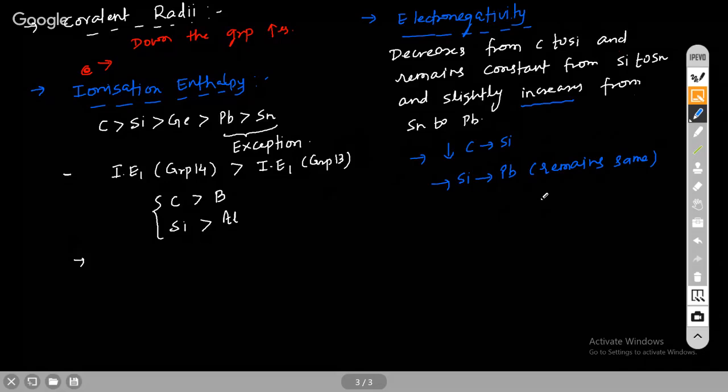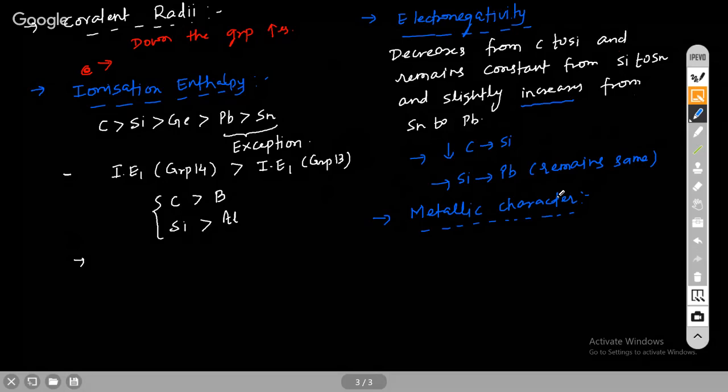Okay. Next, write down metallic character. What is the order of metallic character? The general trend is what? As we go down the group, electron enthalpy decreases, metallic character increases, and what happens? Electropositive nature also increases, right?